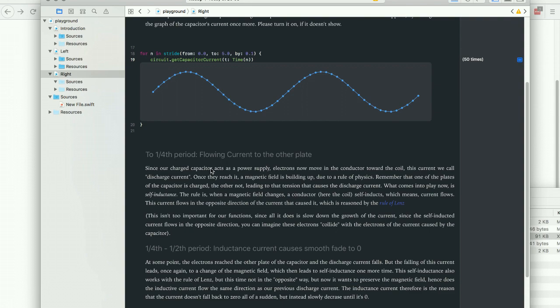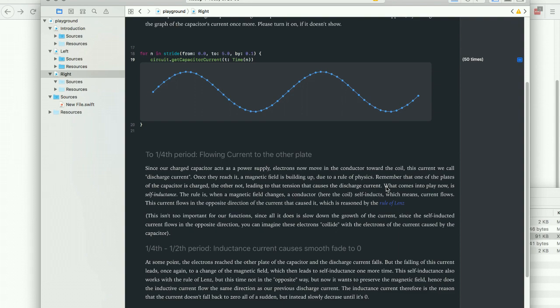If there are electrons, so basically if there's current flowing in a conductor, there's just a magnetic field around it. With a coil, it's much stronger due to its windings. Remember that one of the plates of the capacitor is charged, the other not, leading to that tension that causes the discharge current. That's simply the idea of how current flows.